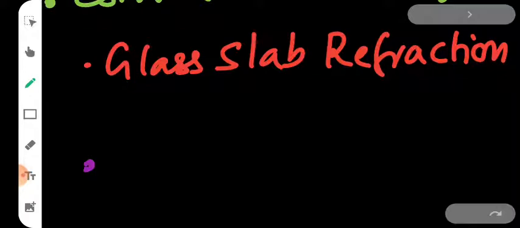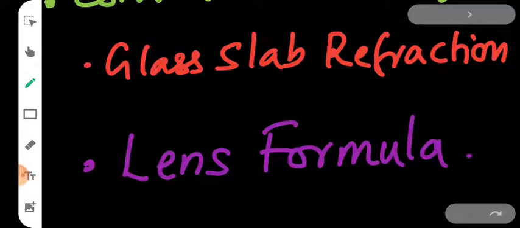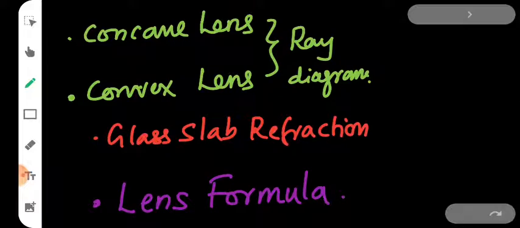It is obviously the lens formula. Just like in the case of a mirror, you will be learning about a formula in lens. So let us go into each in good detail right now.